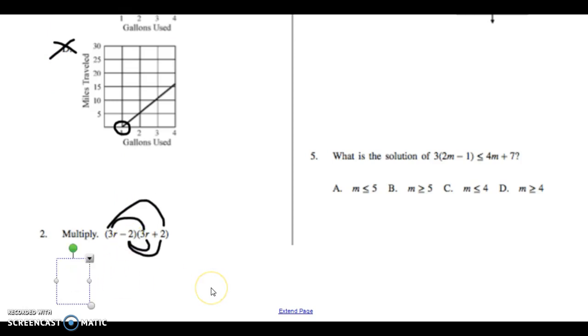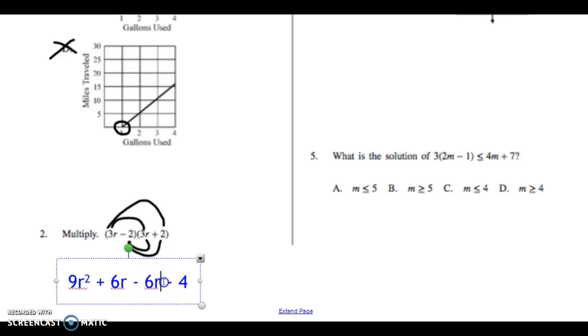The first term should be 9r squared, because r times r gives you r squared. We're adding 6r and then subtracting 6r, because 3r times 2 is 6r and negative 2 times 3r is negative 6r. And the last two we're multiplying together are negative 2 times 2, which should be minus 4.